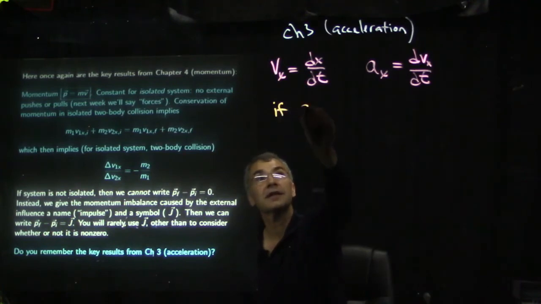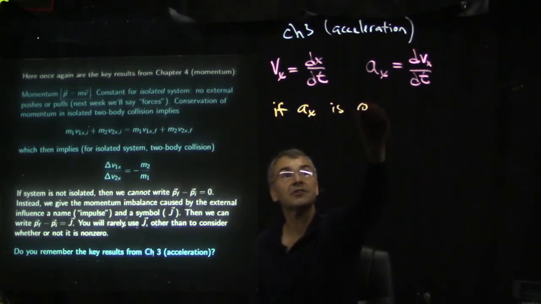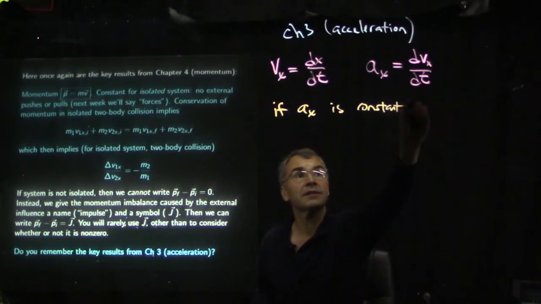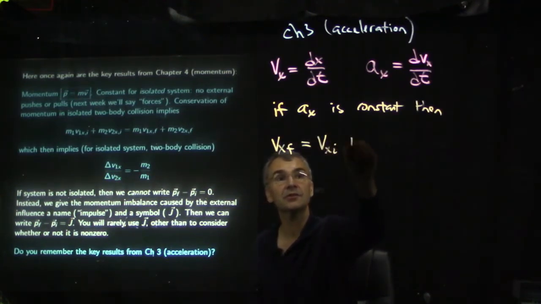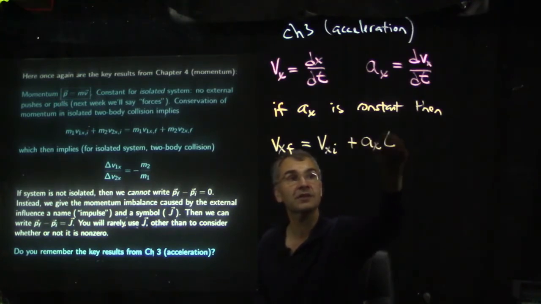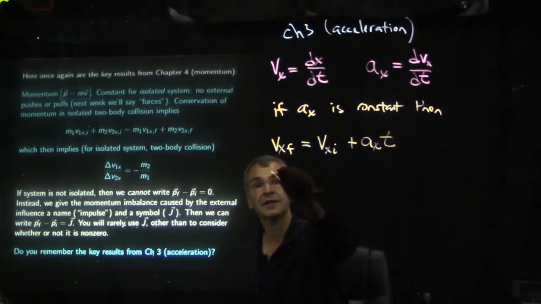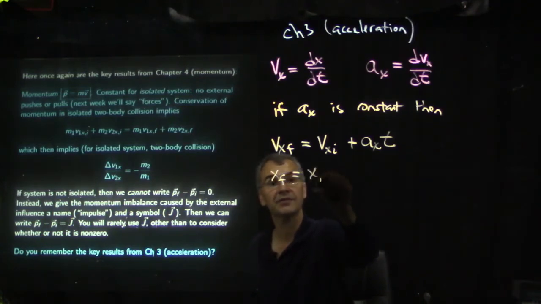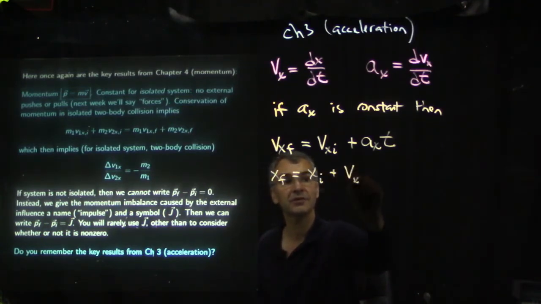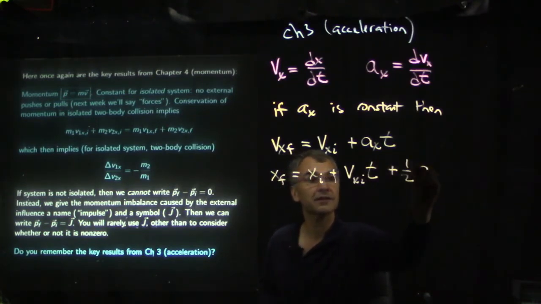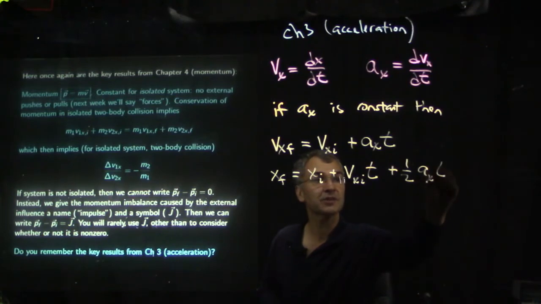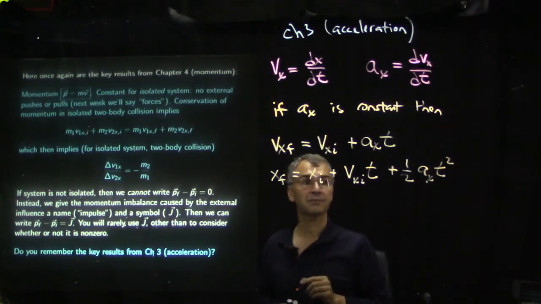And then if a sub x is constant, then we have v sub x final equals v sub x initial plus a sub x t. And we have x final is x initial plus v sub x initial t plus 1/2 a sub x t squared.